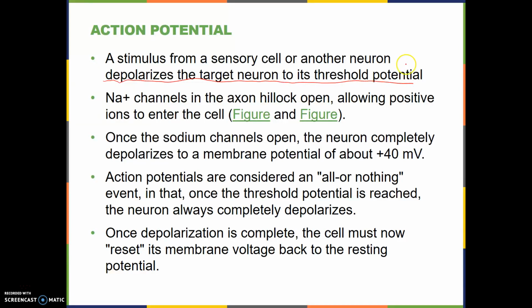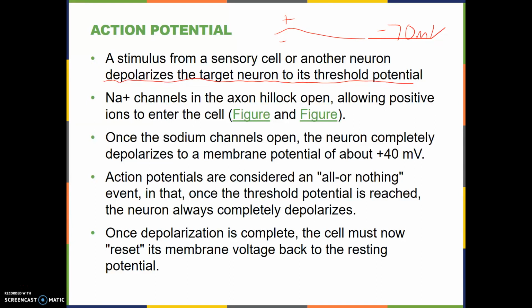Depolarize means that this outside that was positive and the inside that was negative, creating that negative 70 millivolts, becomes more positive. So it might become negative 60 or negative 50. You know, it would go in the positive direction.